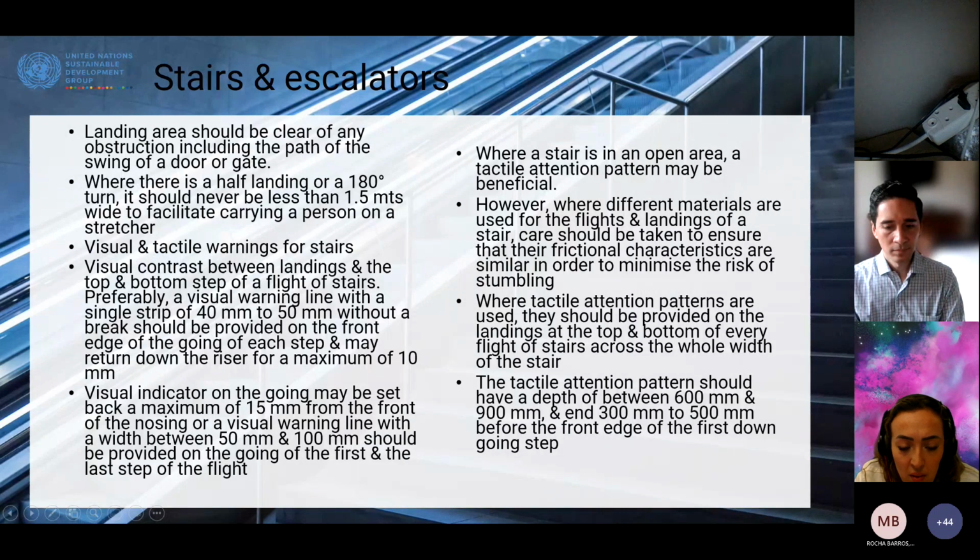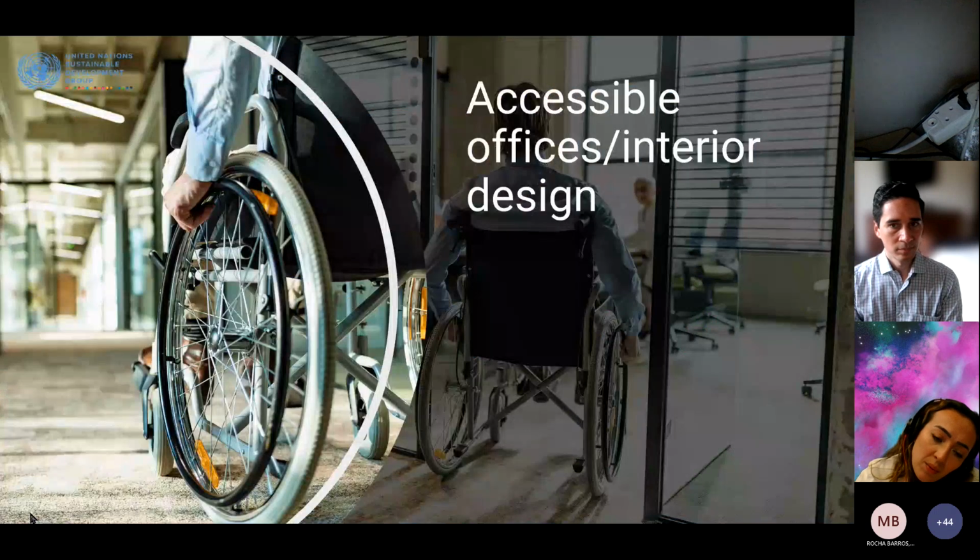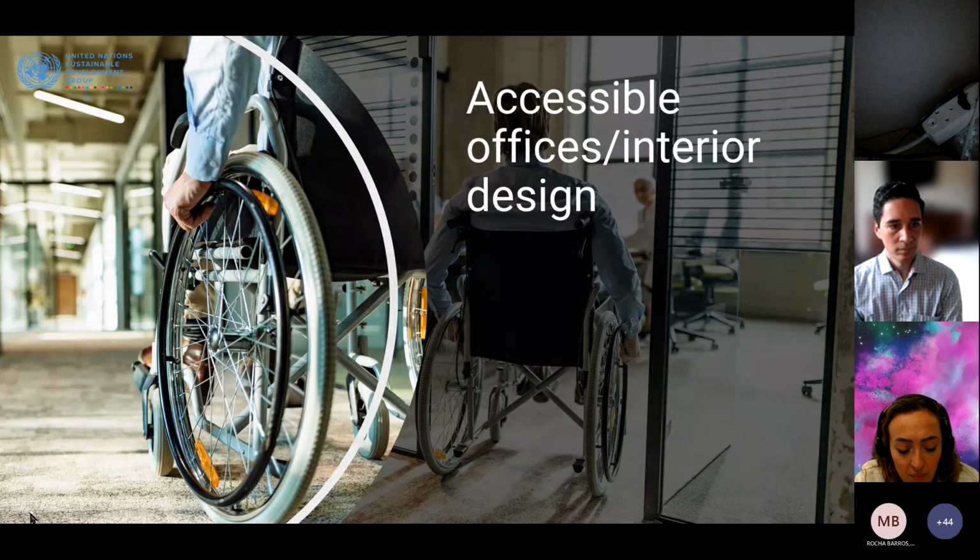I'm just a little bit concerned about the time, so I'm trying to skip a little bit of the slides that you can read at your own pace. So if we talk about offices and common areas inside the buildings, and by offices we mean workstations, cafeterias, kitchenettes, any kind of room inside the building, whether it's an office or another facility.